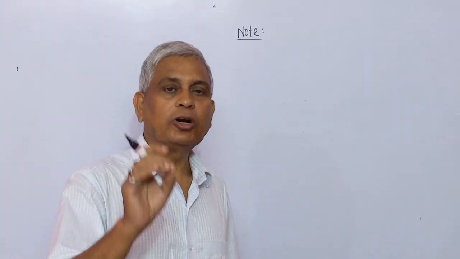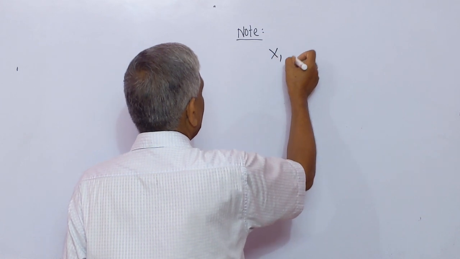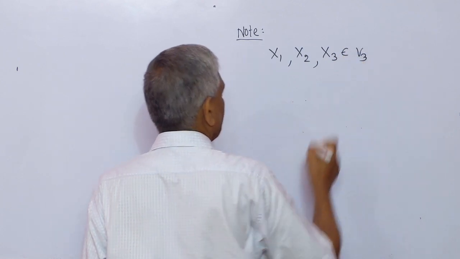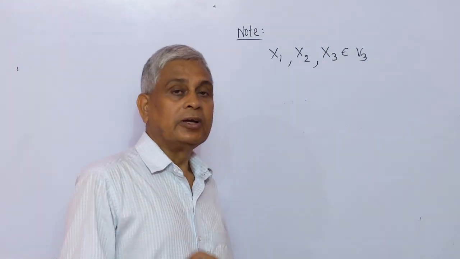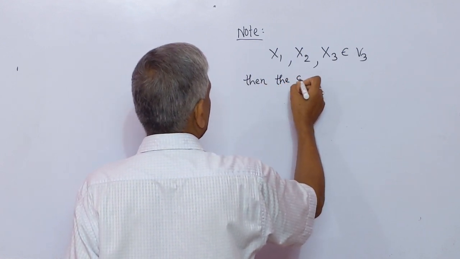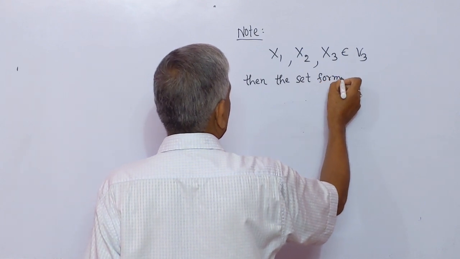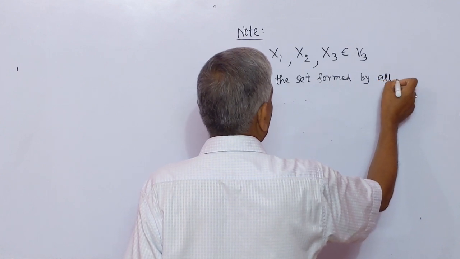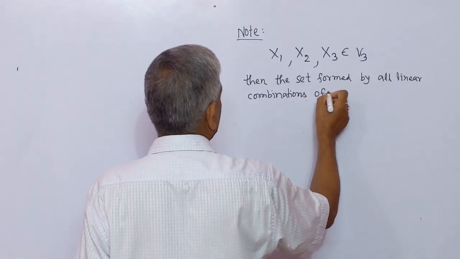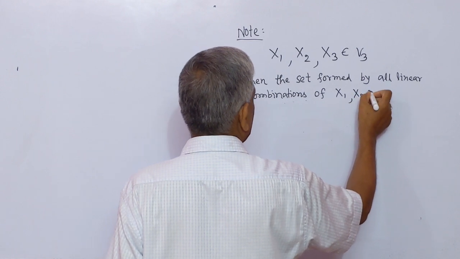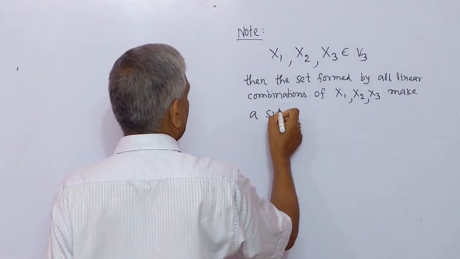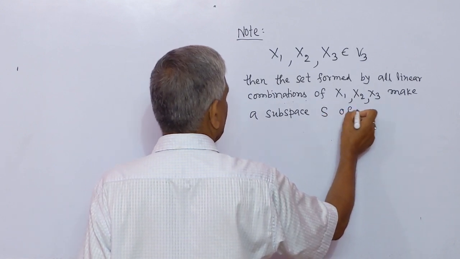From this problem, we got that if x1, x2, x3 belong to V3, means vector space of 3 tuples, then the set formed by all linear combinations of x1, x2, x3 make a subspace S of V3.